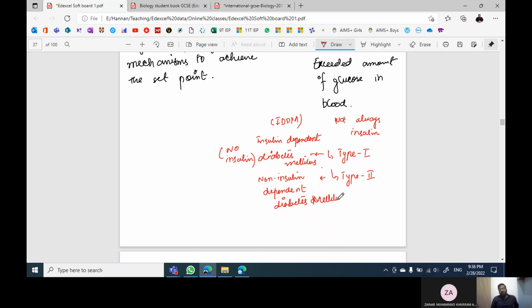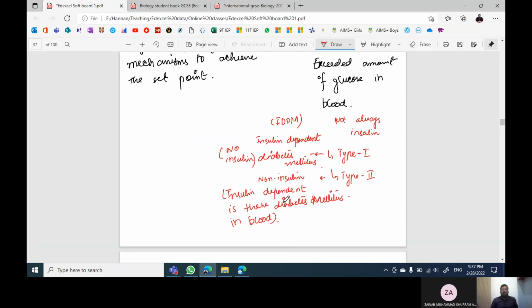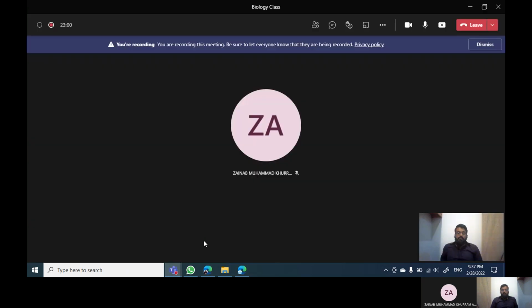And this is dangerous because in this type of diabetes, insulin is there in the blood, but the cells are not accepting the glucose. Cells are rejecting the glucose. So the amount of glucose would build up in the blood because the cells are no more taking the glucose inside.